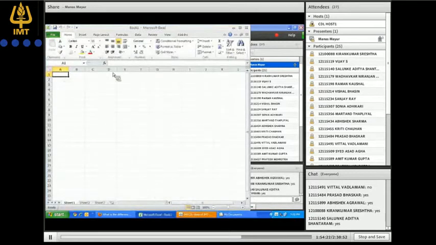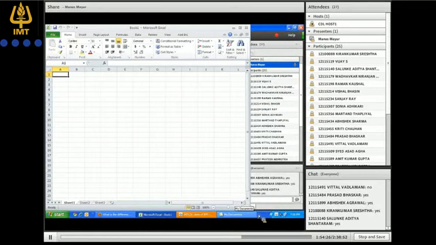Okay, so we'll open the question sheet here so that we can see the values side by side.